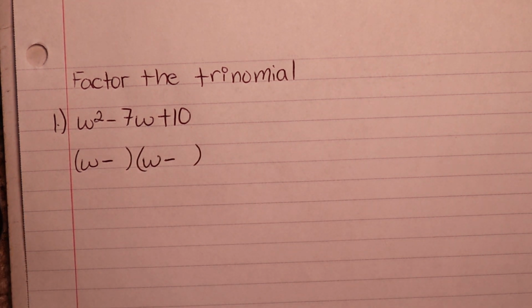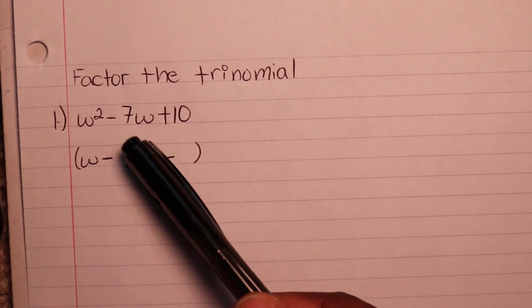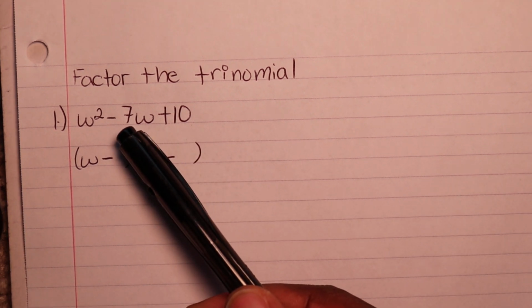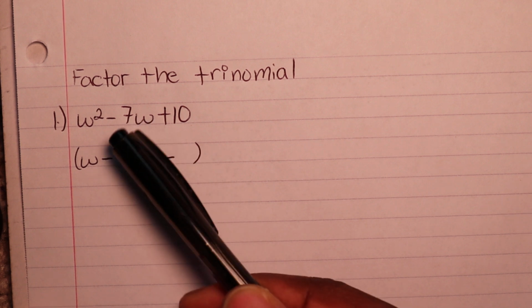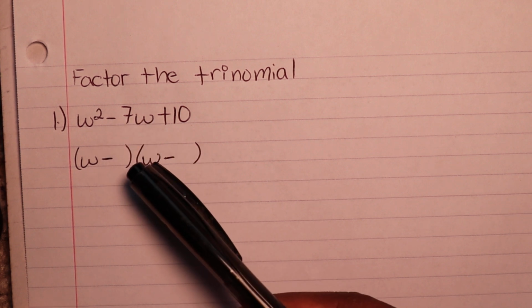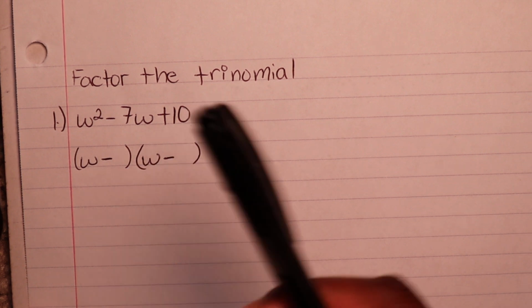So then you also have to think, okay, if I did 10 times 1, which gives you 10, if I did negative 1 minus 10, correct? That's not going to give me negative 7, okay? But if I did negative 5 plus negative 2, that will give me negative 7. And if I multiply negative 5 times negative 2, that will give me 10. So bingo.